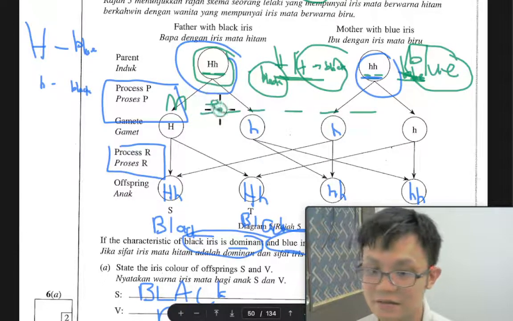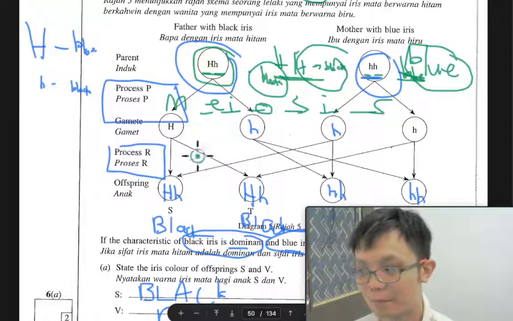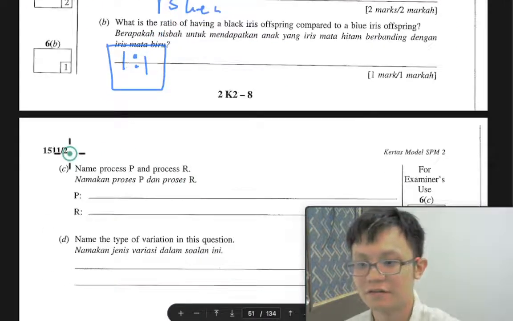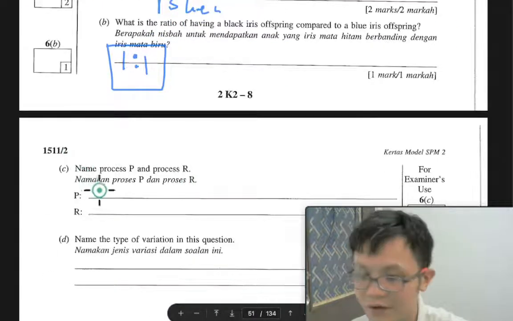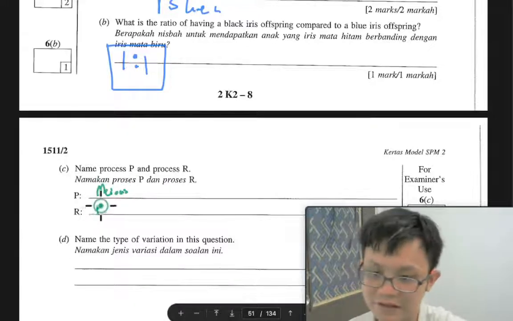Meiosis. How about R? R is fertilization. Very good. P will be the meiosis. R will be the fertilization.